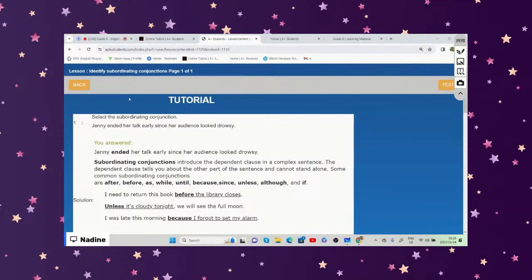If we select the subordinating conjunction within the sentence, we're going to say since. So since her audience looked drowsy is now the dependent clause, but since alone is a subordinating conjunction.